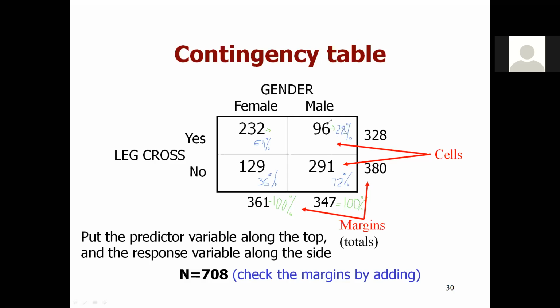Let's talk about men. Almost three times as many men did not cross their legs as those who did. Okay, so percentages are very useful because they allow us to recalculate numbers and talk about percentages.